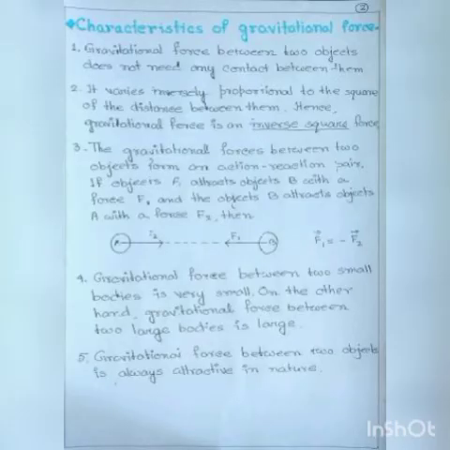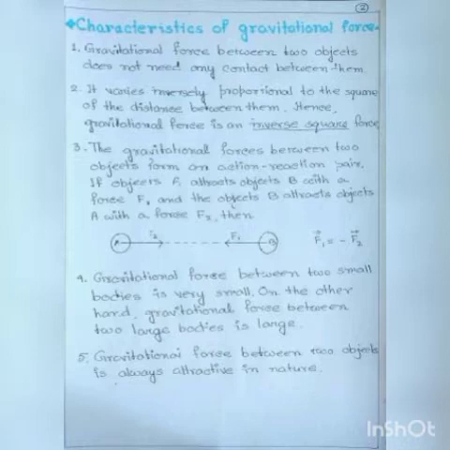Next we will discuss the characteristics of gravitational force. First point, gravitational force between two objects does not need any contact between them. Number 2, it varies inversely proportional to the square of the distance between them. Hence, gravitational force is an inverse square force. Number 3, the gravitational forces between two objects form an action-reaction pair.